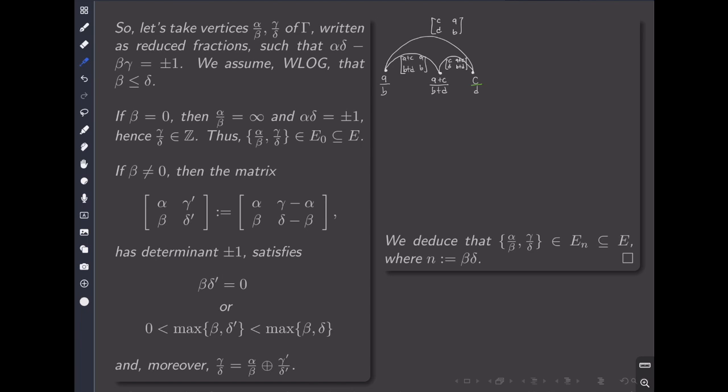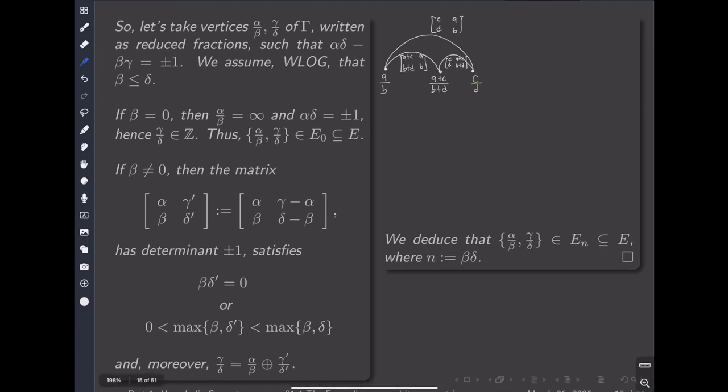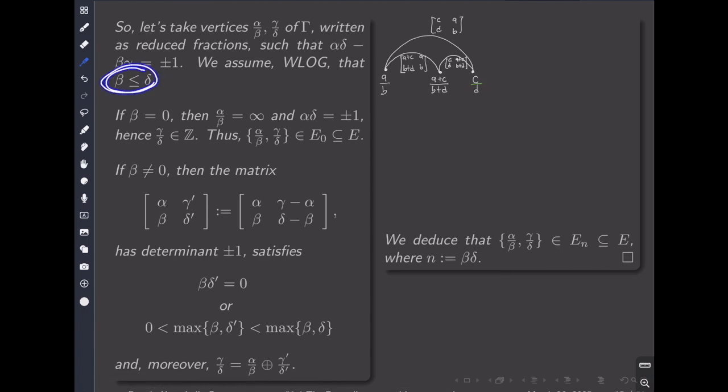Now the idea is that in the arbitrary case, when beta and delta are arbitrary but satisfy this, I do something that decreases the maximum of them.